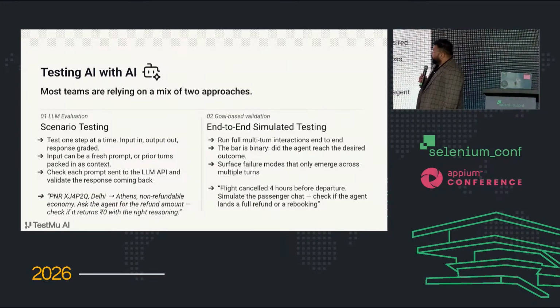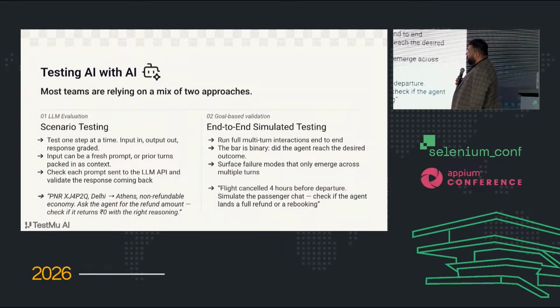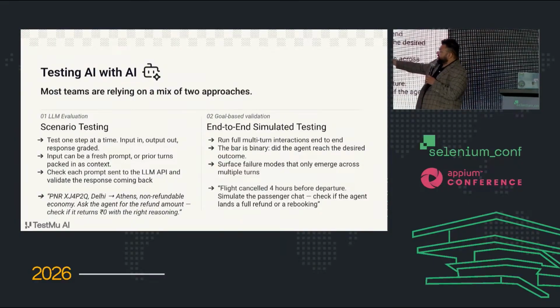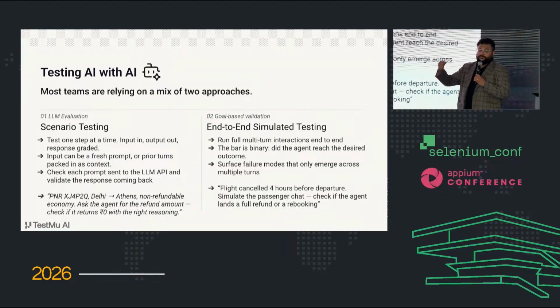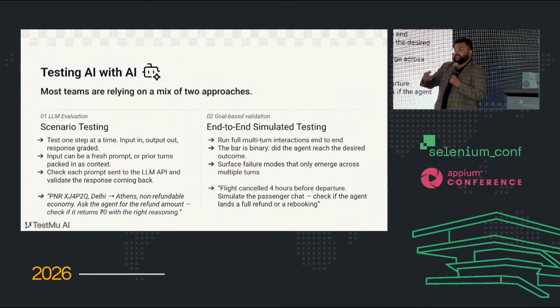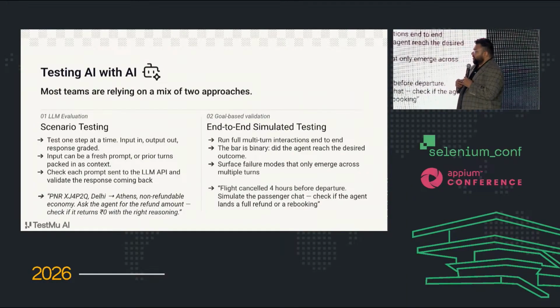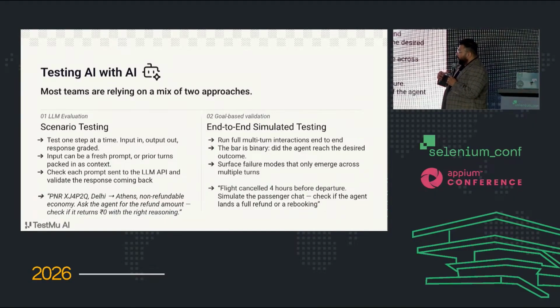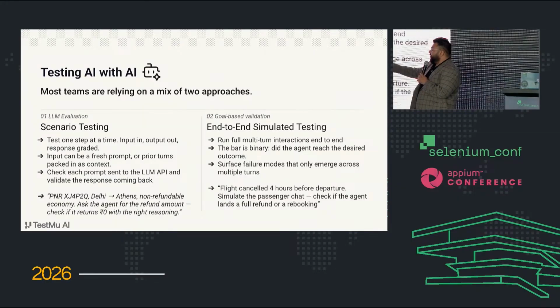Now, both approaches are good in a lot of ways. For example, a step-by-step way will directly give you exactly which area things derail. Like, is it not able to understand a lot of context, or not able to do one specific task it was supposed to do? But it does not give you everything.